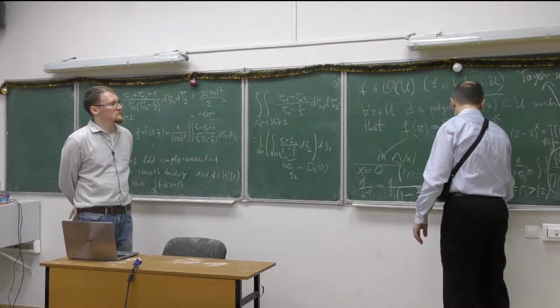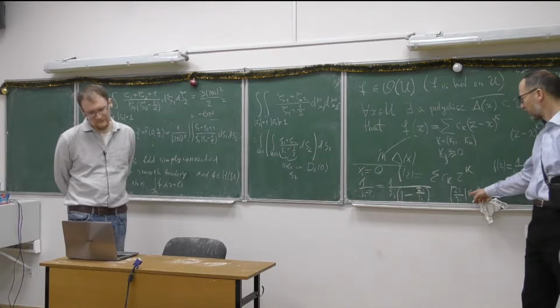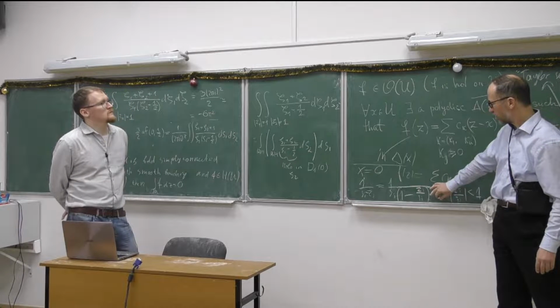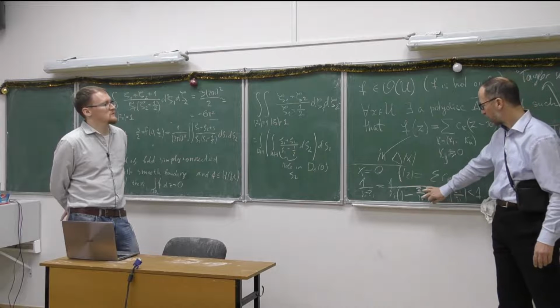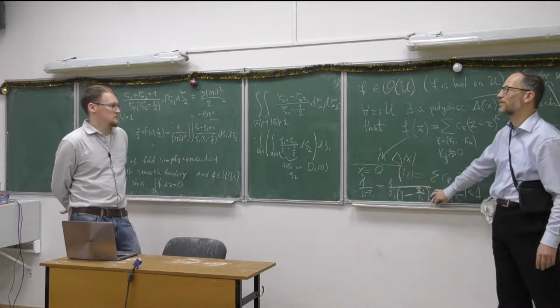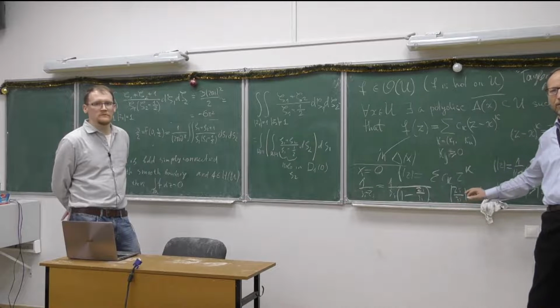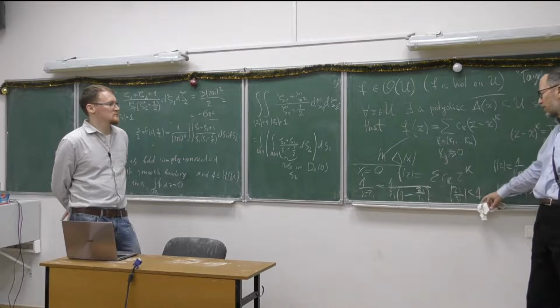The modulus of z_j over zeta_j is less than 1, and therefore this fraction decomposes in a Taylor series in powers of z_j. That's the starting point of the proof.